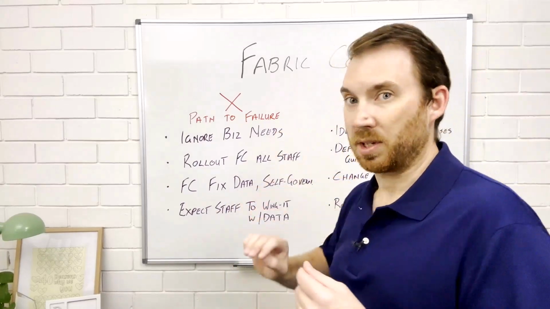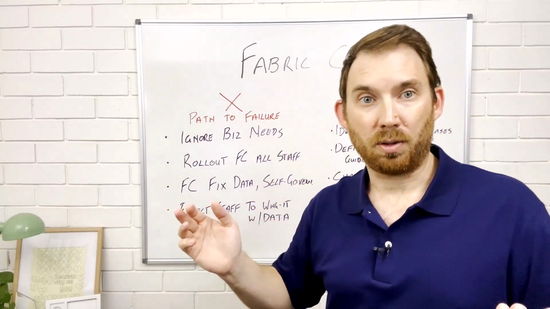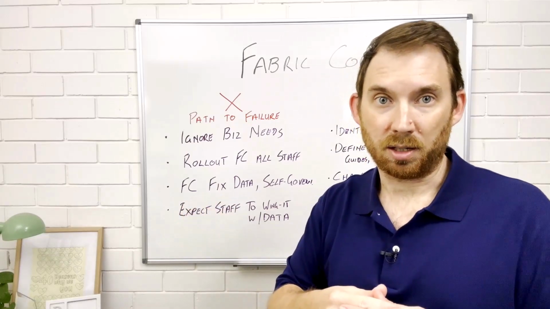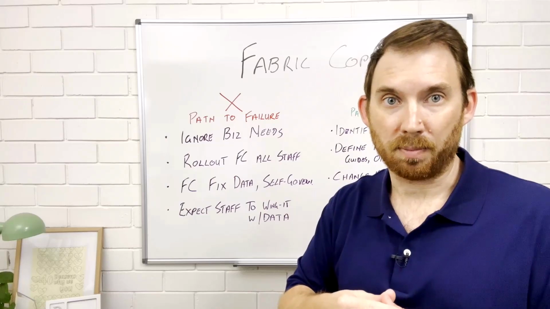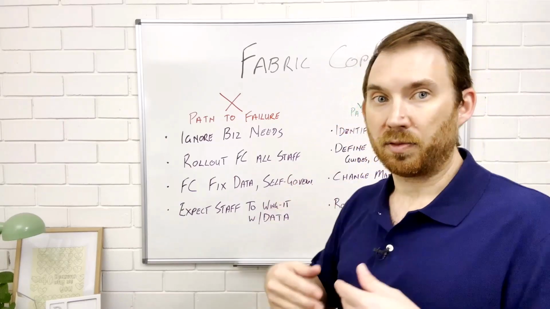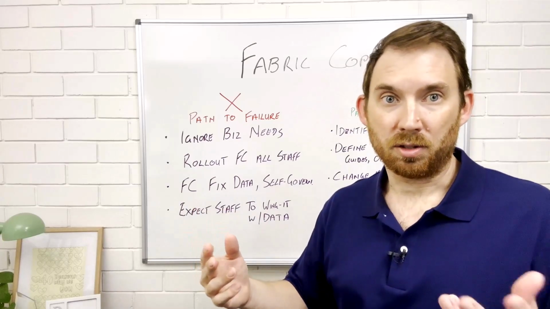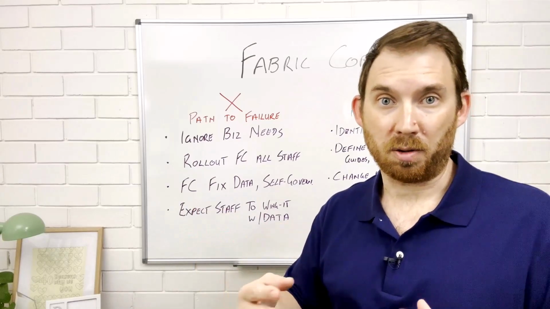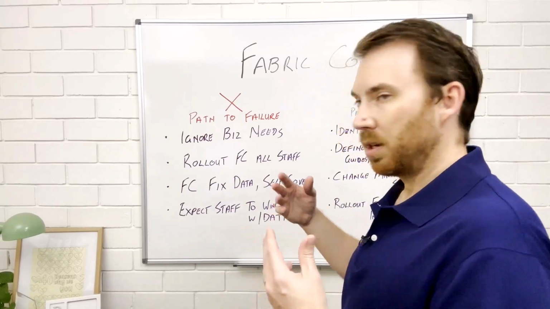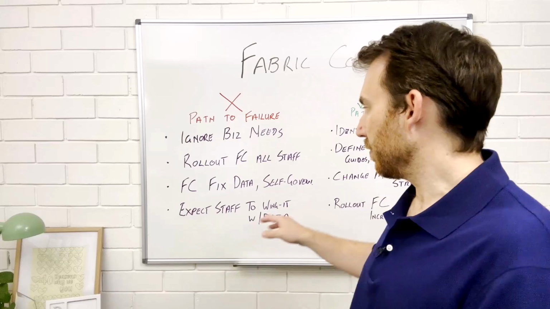First is ignoring business needs. If you're not thinking about what business users actually need, then you're certainly setting yourself up for failure. Rolling out to all staff, just turning it on, is another great way to deploy technology without any further thought and expect people to just get it and use it.